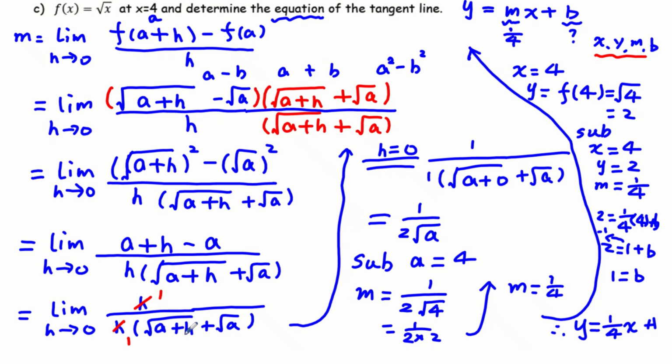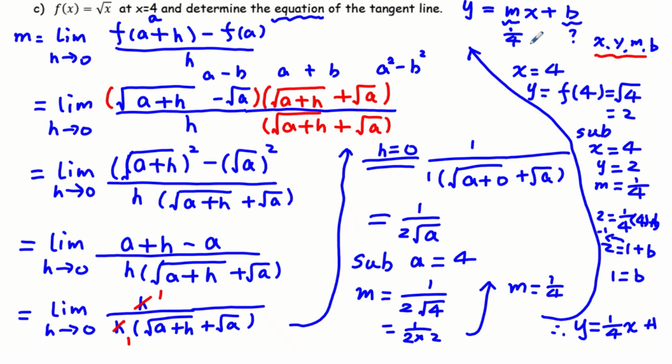For being a factor, you need multiplication. So h times, then you can cancel the factors out. After we don't have the h at the denominator, we sub in h equals 0. Then we sub in the a value, that is the x value for the point on the tangent line. So a equals 4, we have the slope.